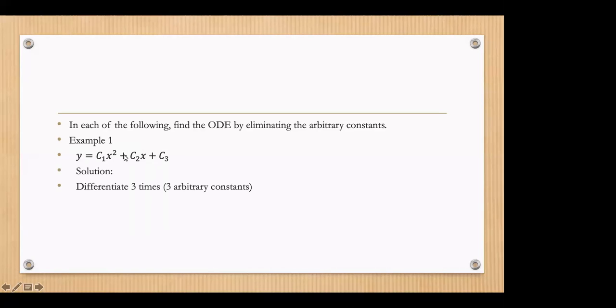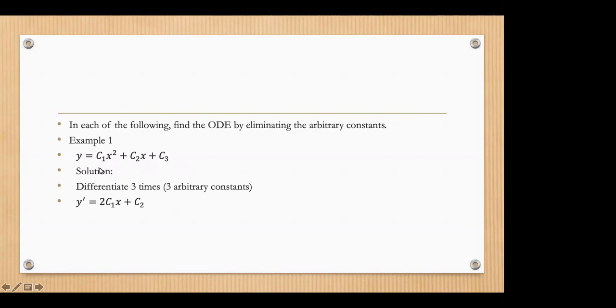Okay? So 3 arbitrary constants means the differential equation of this solution is a third order DE because you will undergo 3 differentiations. I mean, we'll differentiate this 3 times.